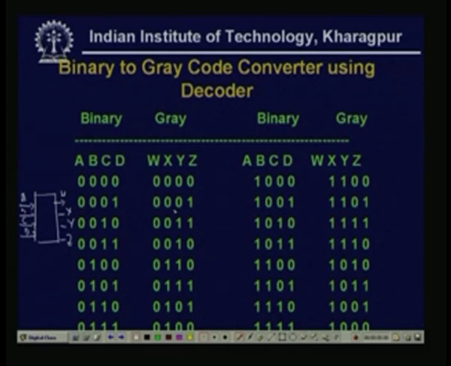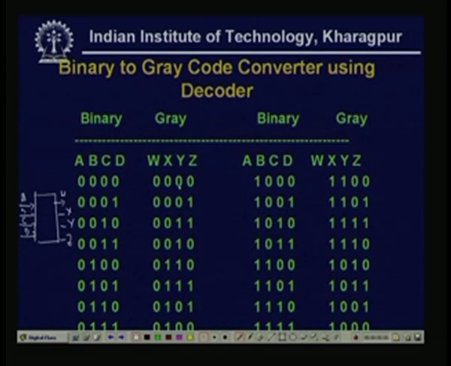Now, see that here the distance is 1. We define distance as the number of places it varies. Here the previous one is all 0 and the next one varies in one place only, so the distance is 1.